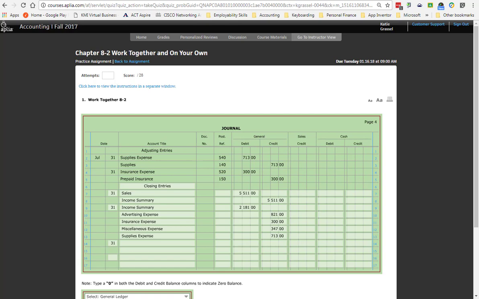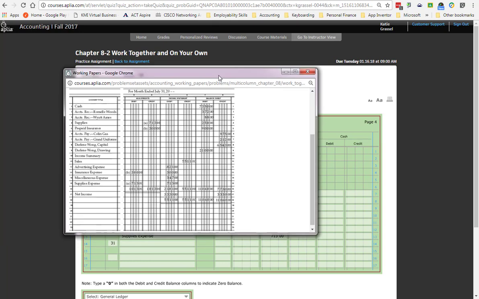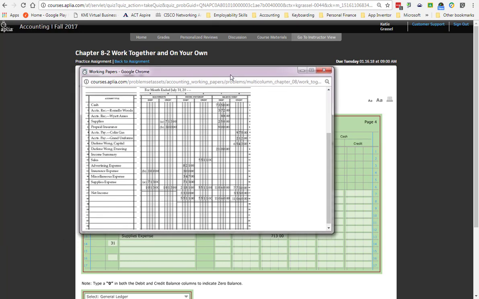On your worksheet. So when I look here at my worksheet, there is no amount in income summary, but right here is the amount of my net income. And it even says right here net income because my expenses are less than my revenue. My expenses is $2,181. My revenue is $5,511. So therefore I have a net income.